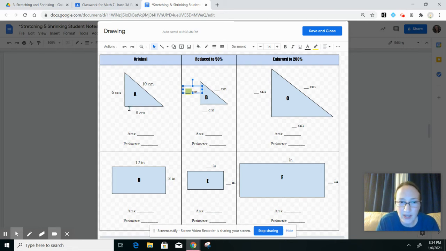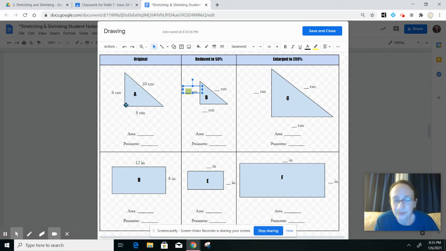And what that means is, for example, the side on triangle A that matches up with that same side on triangle B, and it also happens to match up with this side on triangle C. In this specific example, we're talking about the side that meets the base of the triangle in a right angle. But we're talking about sides that are in the same position in these similar figures.